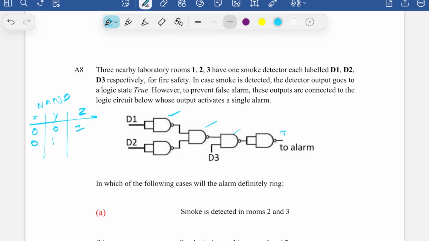When one is 0 and another is 1, the output is 1. When both the inputs are true, then the output goes to false. This is the output that is true, that will activate the single alarm. So this is only possible when both the inputs are false.